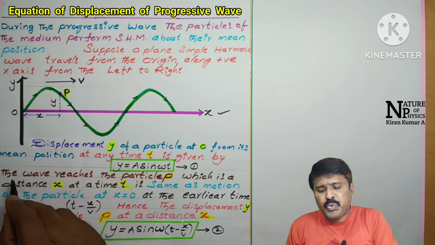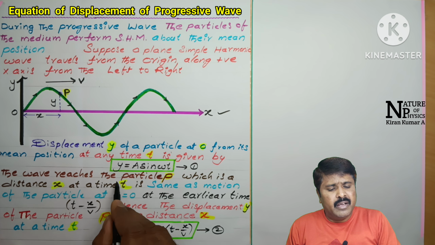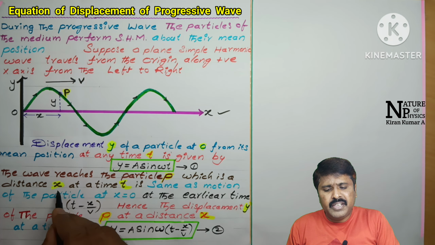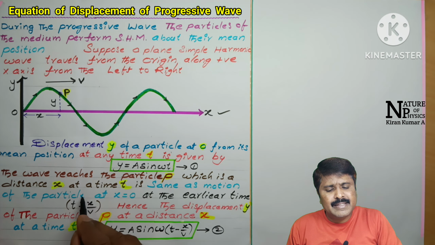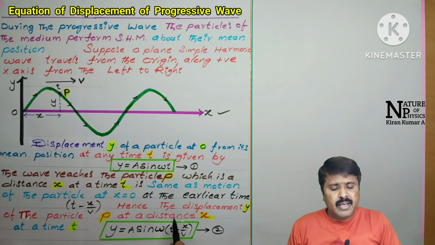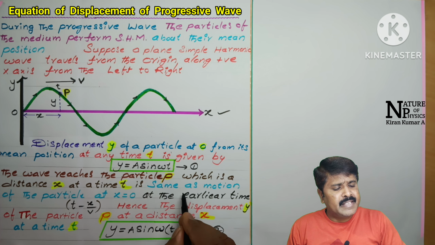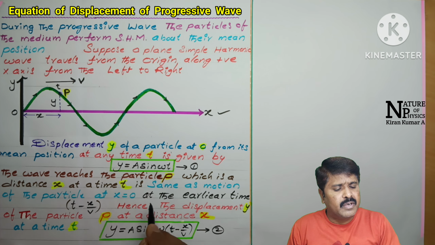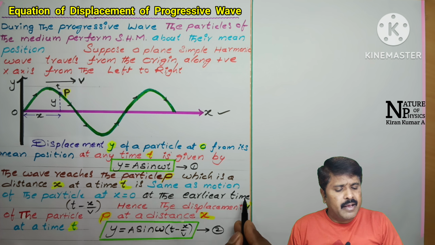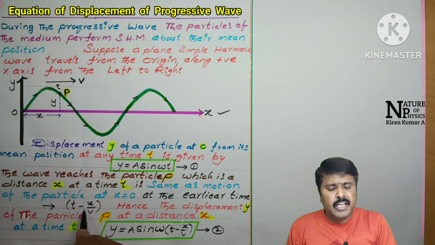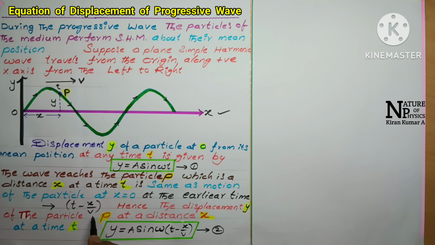Next, the wave reaches the particle P, which is at a distance x along the x-axis, at a time t. The motion of the particle at P at time t is the same as the motion of the particle at x equals 0 at an earlier time, which is t minus x divided by v.